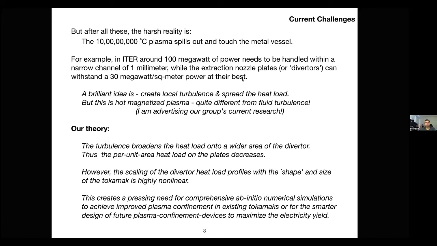But you can see clearly there is a huge difference in numbers. The present day best materials can withstand 30 megawatt per square meter, while we need to channelize 100 megawatt within 1 millimeter thickness. So it's huge.